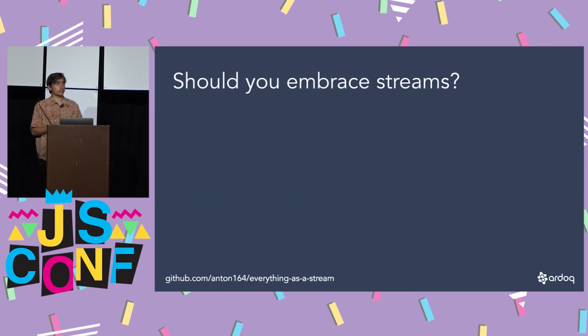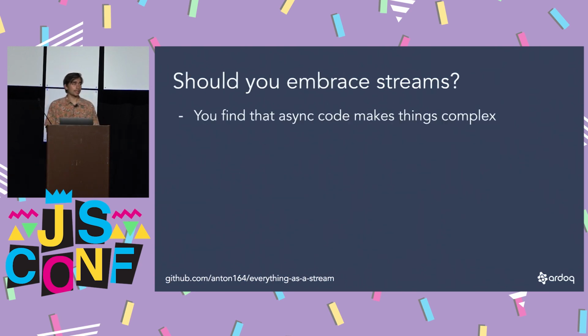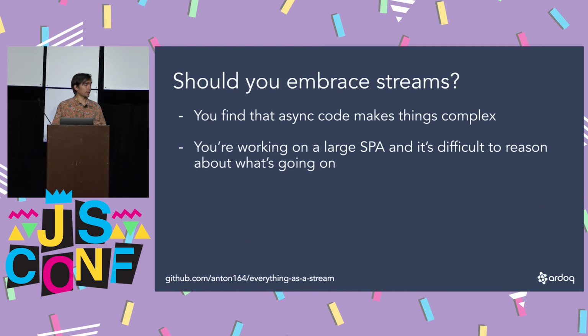So then the question is, should you embrace streams? And I think you should if you find that async code makes things complex in your application. Or perhaps if you're working on a large single-page application and it's difficult to reason about what's going on. That was the case for us, at least. Obviously, adding reactive programming to the mix won't solve your problems, but I really think that it can help you reason about the data that flows through your application.